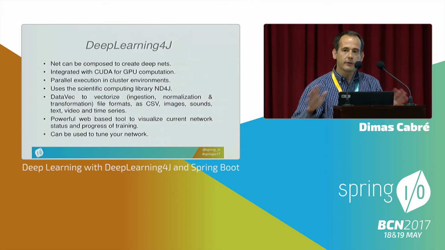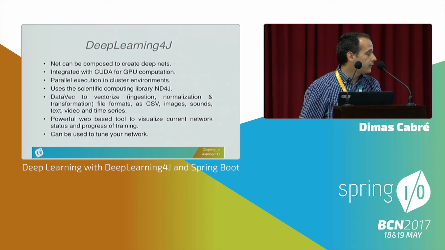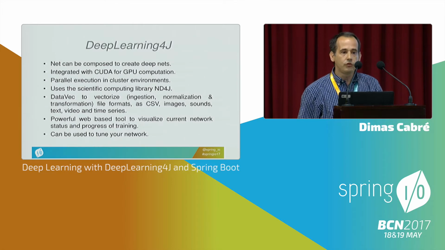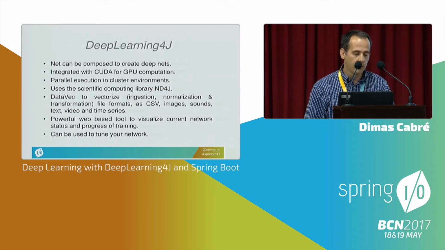So you can parallelize a lot when trying to train a neural network, for instance. There's a very established library called CUDA that lets you integrate with GPU processing, and fortunately, Deep Learning for Java is also integrated with CUDA. So you have parallel execution at GPU level and at cluster level.